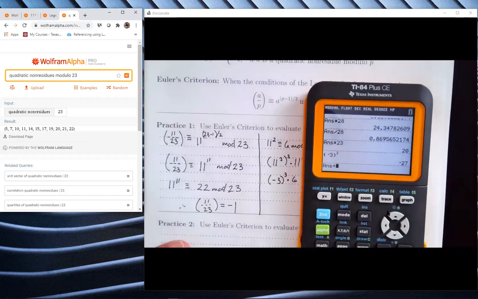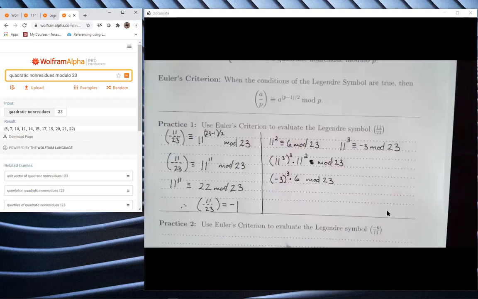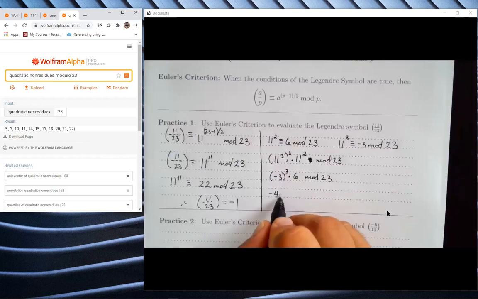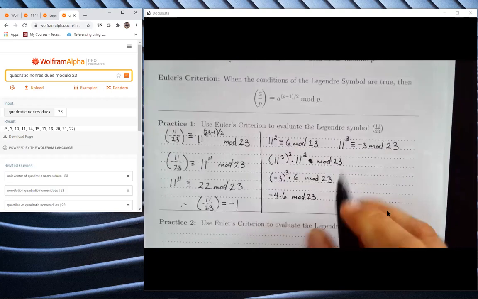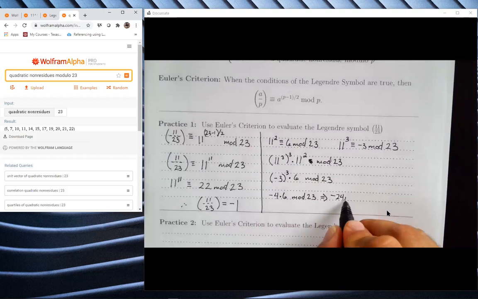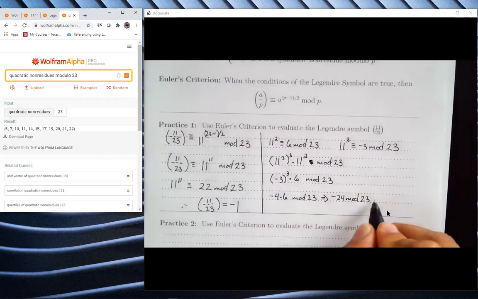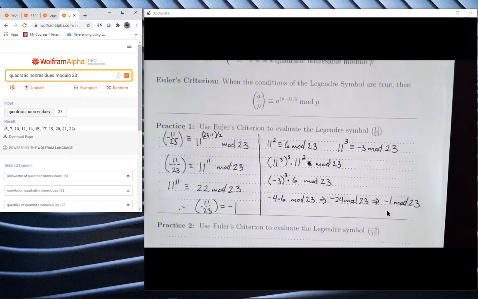If I add 23, I get -4. So this would mean that I have -4 times 6 mod 23, which implies that I have -24 mod 23, which really is just saying -1 mod 23, right?